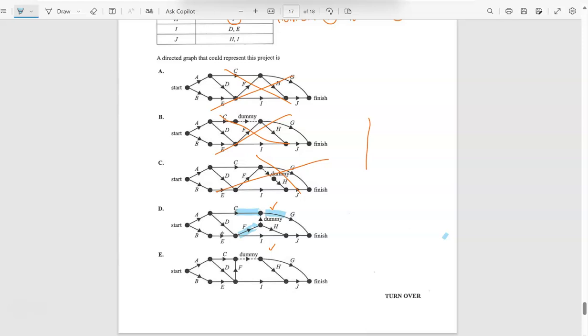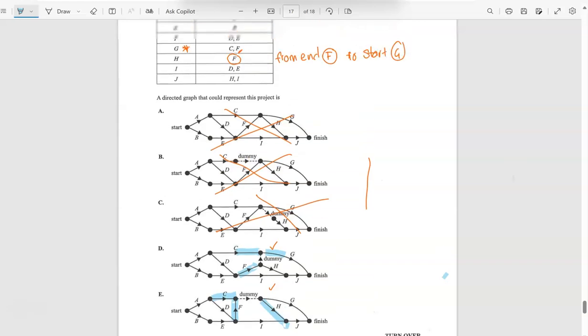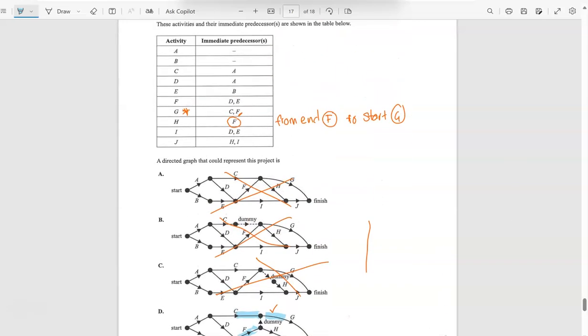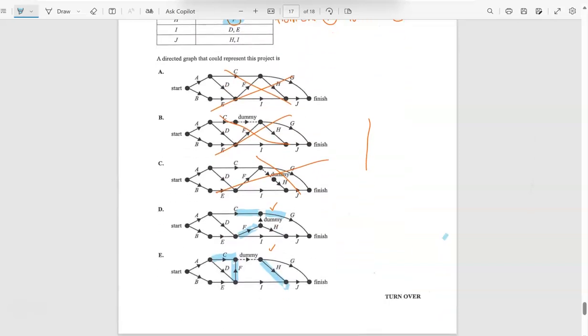But if you look here at H, it's saying H has F and C as a predecessor, where this one is saying only F. So if we look up there, let's have a look at H. H only has F. So can you see, well, I'm going to go with that answer. Does that make sense? Yeah. So I think actually this cohort, you guys are going to be a lot quicker.